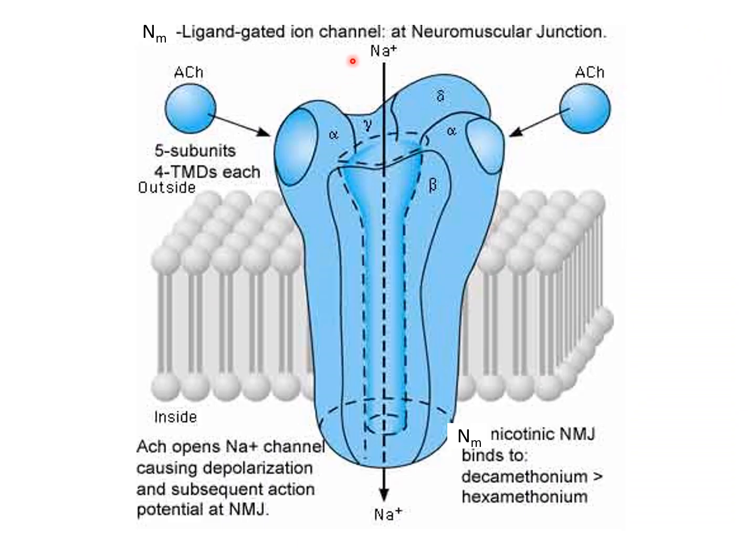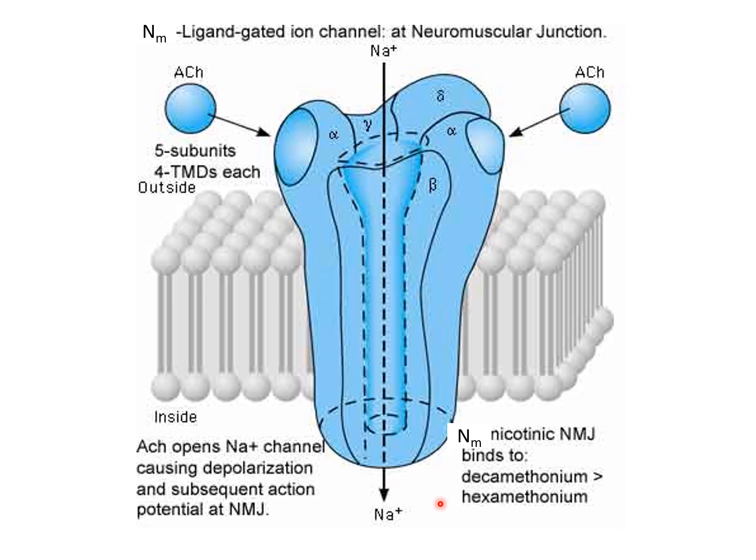This process opens an ion channel through which sodium ions pass into the muscle cells. At that time, potassium ions diffuse out of the muscle cells. However, the amount of sodium ions entering is higher than the number of potassium ions leaving.